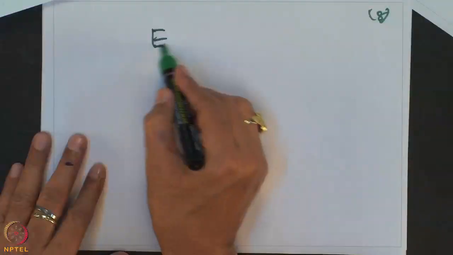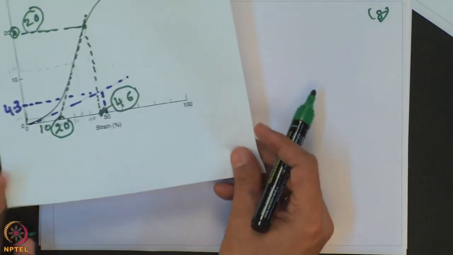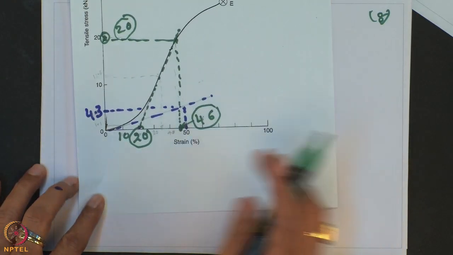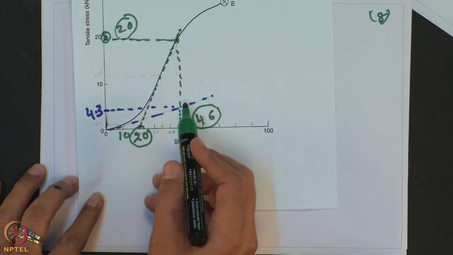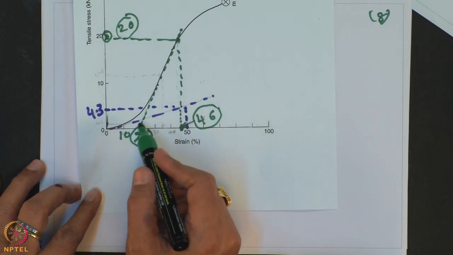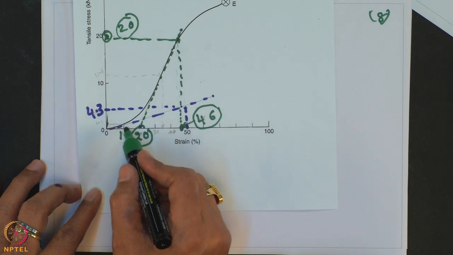And you have to calculate the second modulus at 10%. Let us say second modulus at 10% is ES10. So, you can calculate the second modulus ES 10%. That means for the 10% you have to determine.